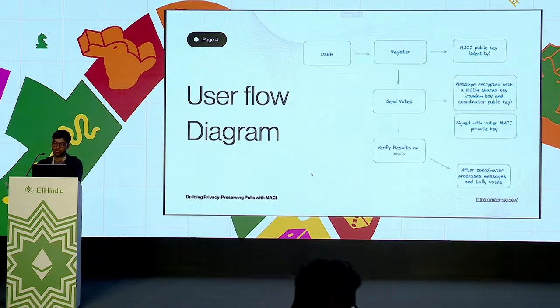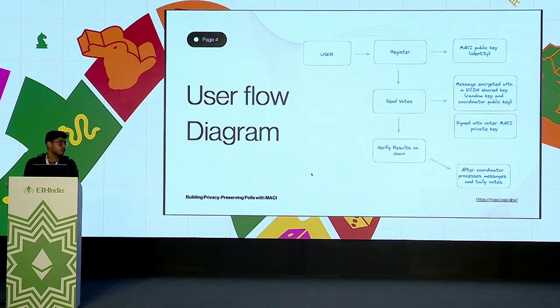The user flow is as follows. The user first registers on the platform. While registering, he submits his Macy public key, which is again an EdDSA key, to the Macy contract. Then he will be able to send votes on the existing polls or the upcoming new polls on the Macy contract. That process includes creation of a vote message.